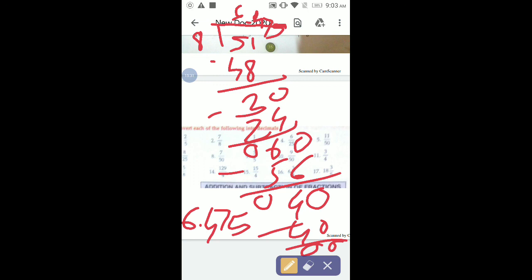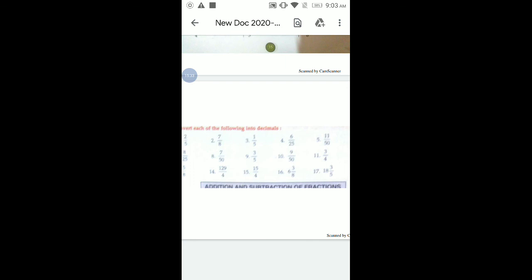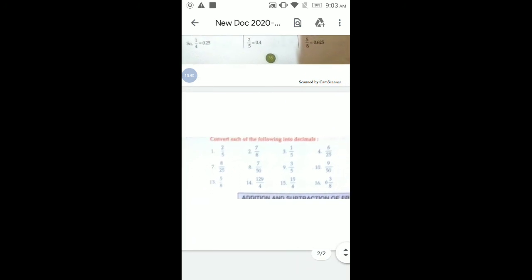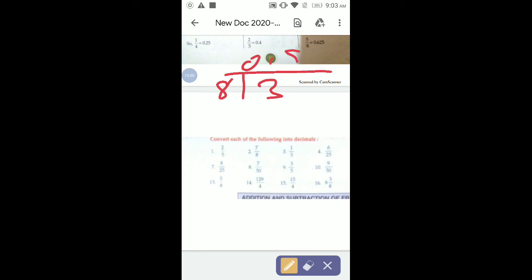This is also one of the methods to do it, or else what you can do, just keep the 6 as it is and directly divide 3 by 8. If you will directly divide 3 by 8, then you will get the answer, just now as we have seen, 0.375.